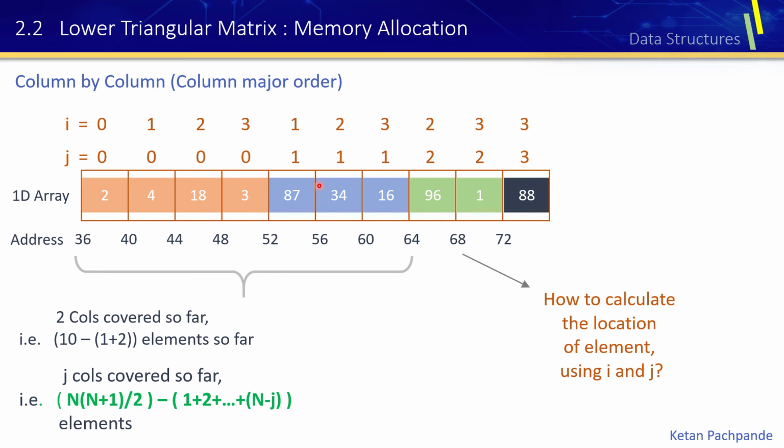If I calculate from the right hand side, it will be 1 plus 2 plus 3 plus 4. So it will be n minus j, j value is 0. So the series will be 1 plus 2 plus 3 plus up to n minus 0, that is n only. So 10 minus 10 is eventually 0, which means before this column no elements have been stored.